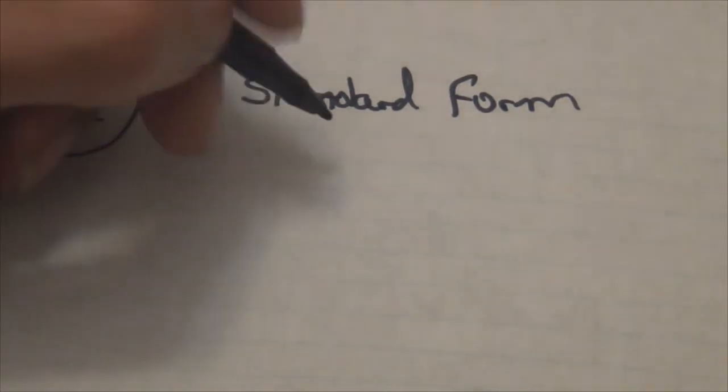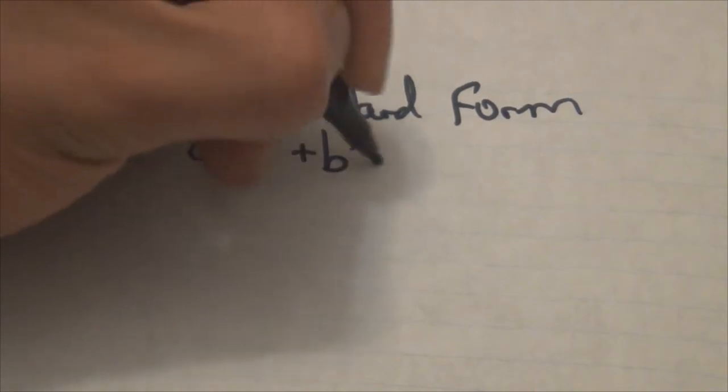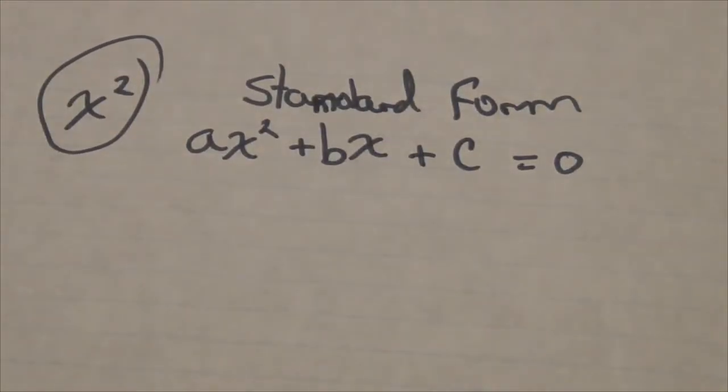So, x squared. That's how you know you have a quadratic equation. The standard form, so you better be writing this down. The standard form of a quadratic equation is ax squared plus bx plus c equals 0.